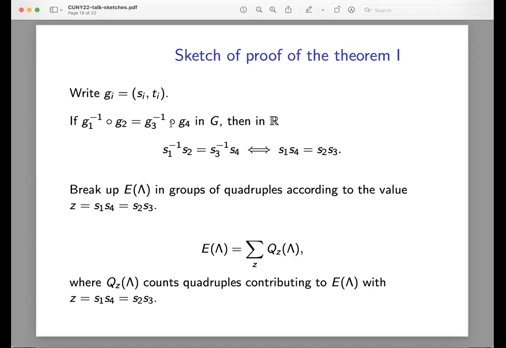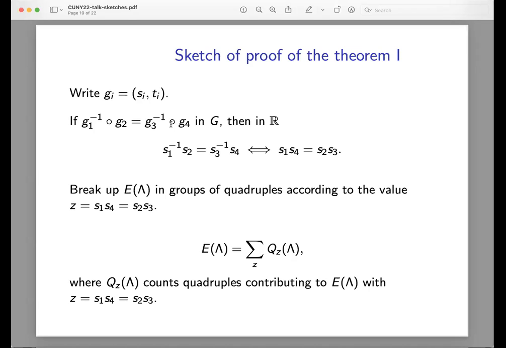So we break it up according to this number. We call this number Z. So this means that the energy is the sum over all Z of the number of quadruples that satisfy G1 inverse composed G2 equals G3 inverse composed G4, and also S1 times S4 equals S2 times S3 equals Z. So we have that the energy is the sum of some other quantities QZ.